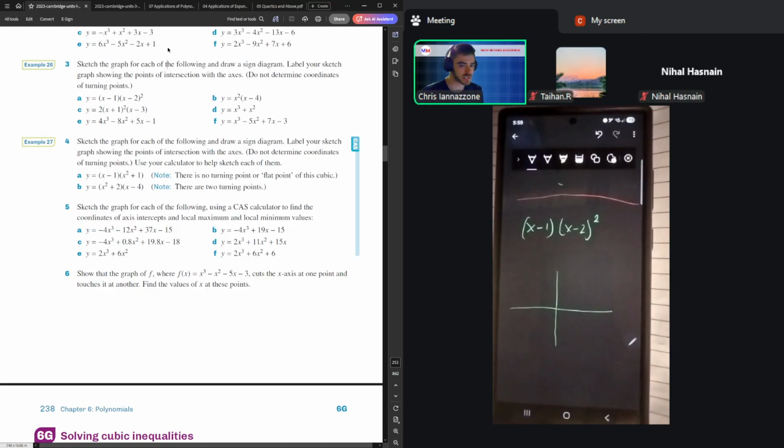So even if we don't know the nature of them, we can at least get the solutions of them. What are we going to get for x-intercepts in this one?